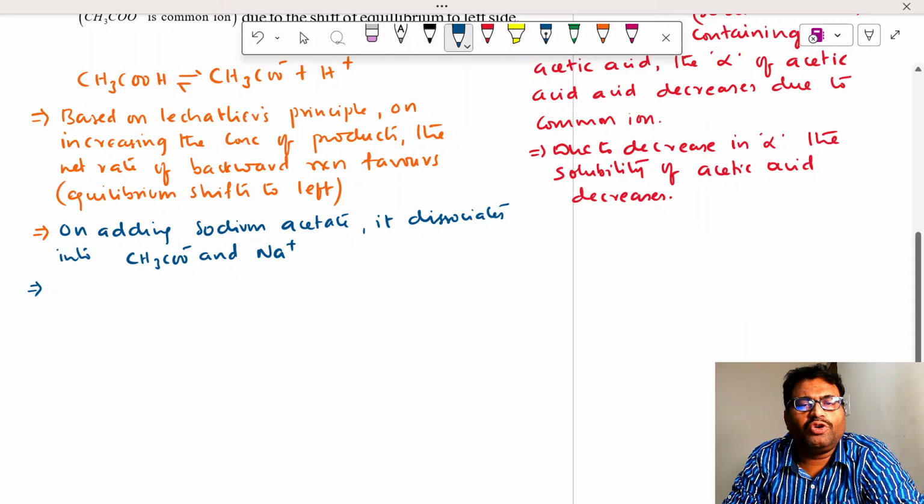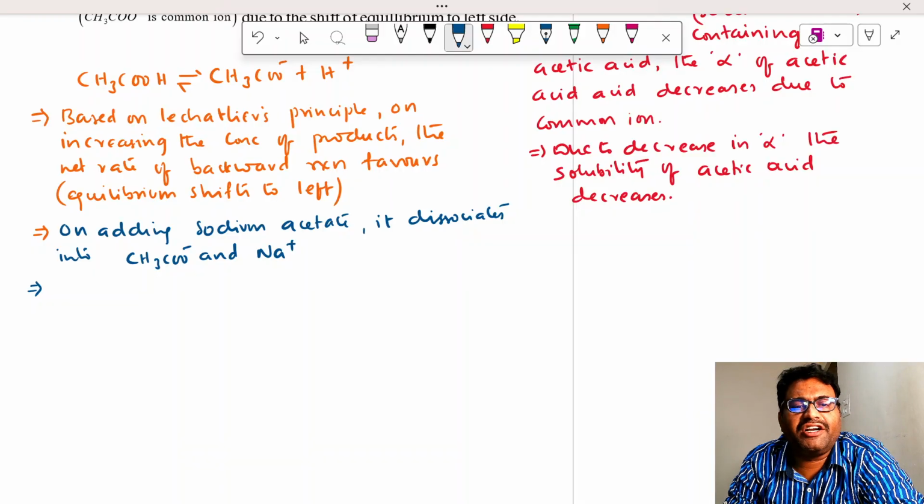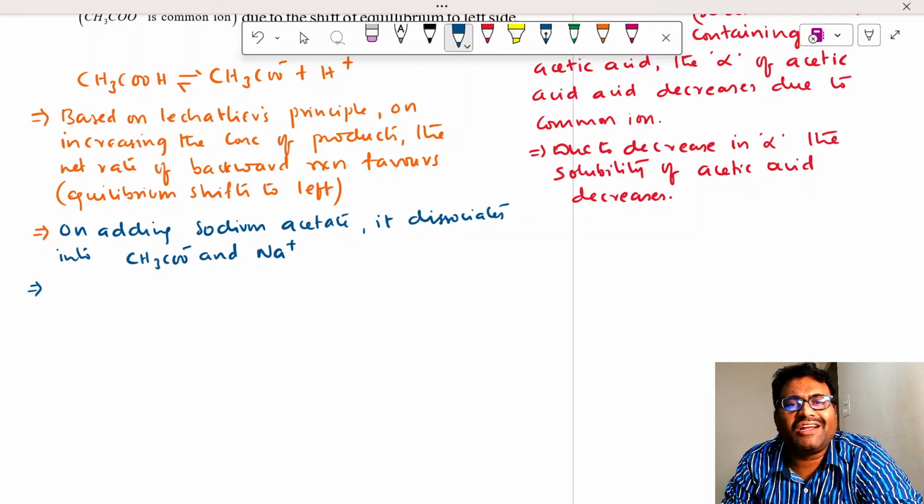To whom have you added this? You have added the sodium acetate into the container. Already acetic acid is present.